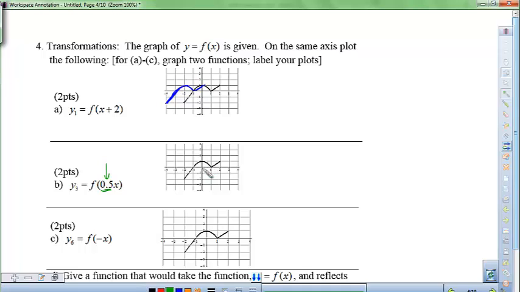So what's at 0 is going to stay at 0, and instead of going to 1, it's going to get doubled by a factor of 2, and same thing over here. Now this point over here that used to be at 2 is going to get stretched to 4, and this point over here that used to be at -2 is going to get stretched to -4. So let's see if we can draw that out.